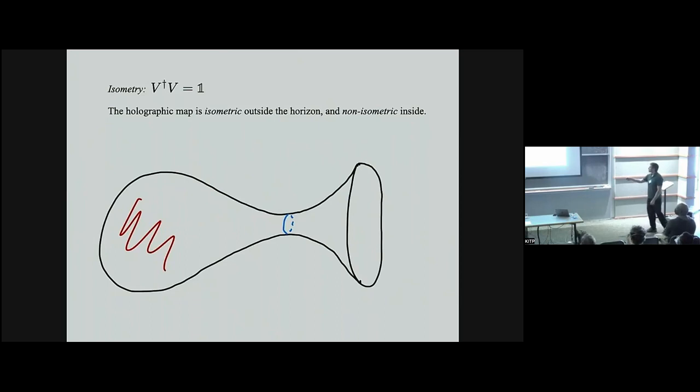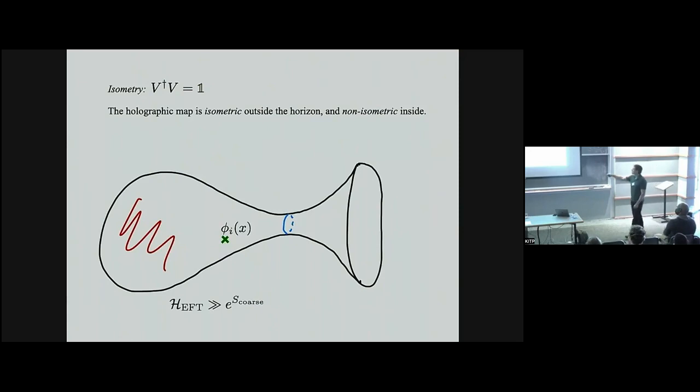So on the outside, it makes sense to impose this, but the holographic map can't possibly be isometric inside a black hole. The reason for that is just the counting argument involving the coarse-grained entropy. We can think of this map, for example, as being a map from the state of this matter supporting the black hole in the interior to the CFT Hilbert space at the boundary.